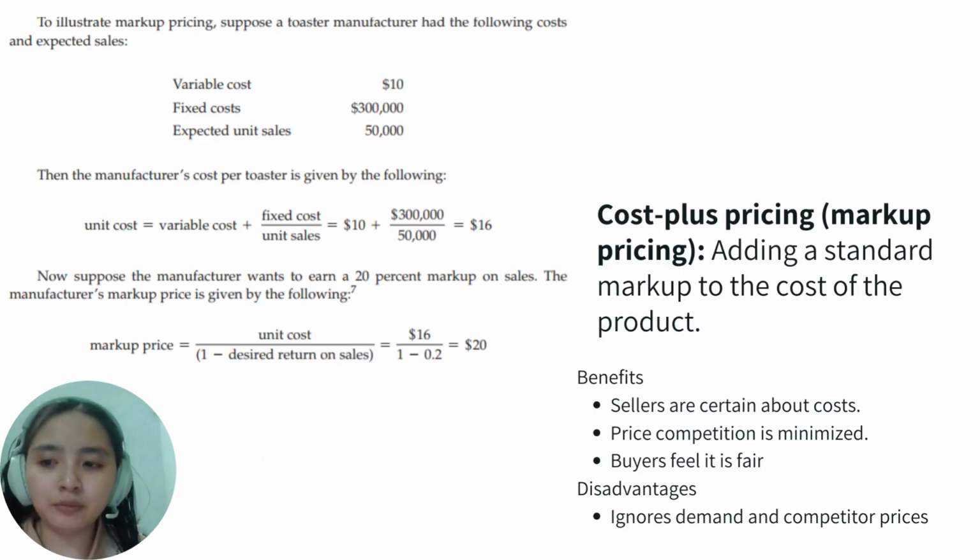Okay, next we'll move to cost-plus pricing, or we can also say markup pricing. It is adding a standard markup to the cost of the product. So, what are the benefits? The benefit is that the seller can be certain about the cost.